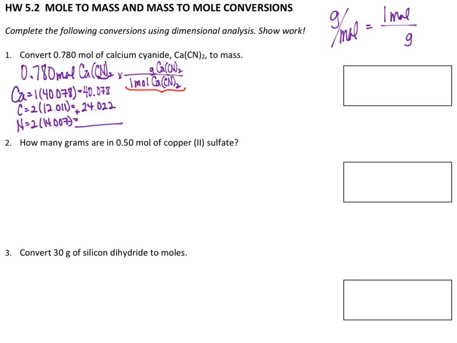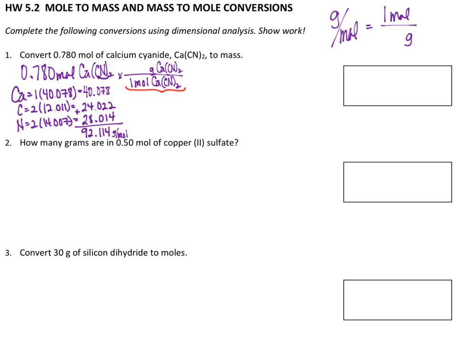However, I always encourage my students to double check with the calculator, because even if I know the simple math, I tend to make mistakes. So 14.007 times 2 is 28.014. Now I'm going to add all 3, and I end up with 92.114. Again, we're working with molar mass, so my unit will be grams per mole.